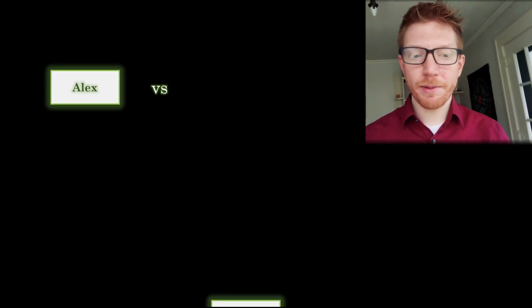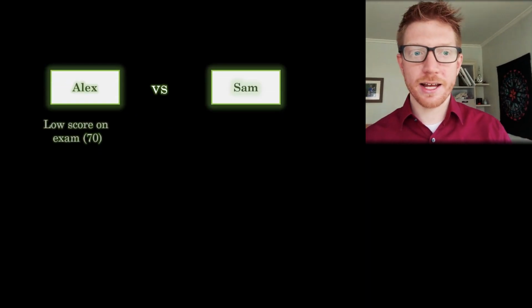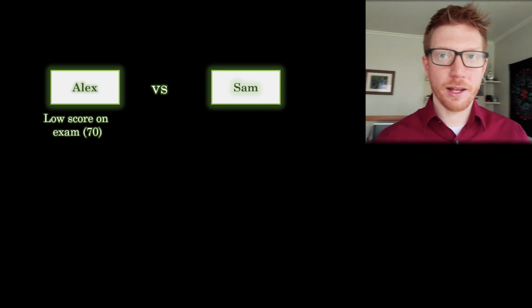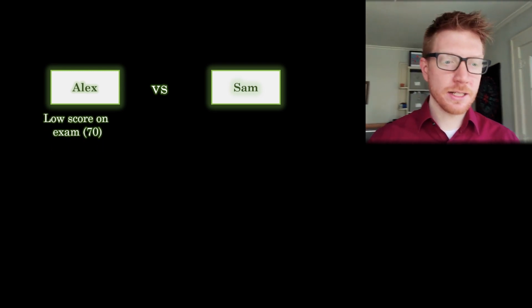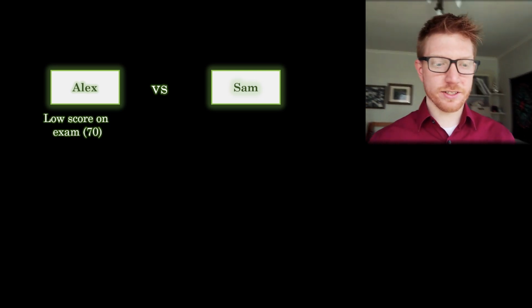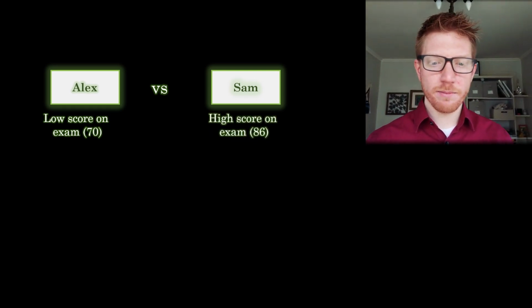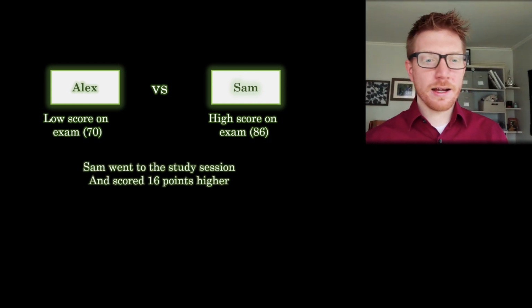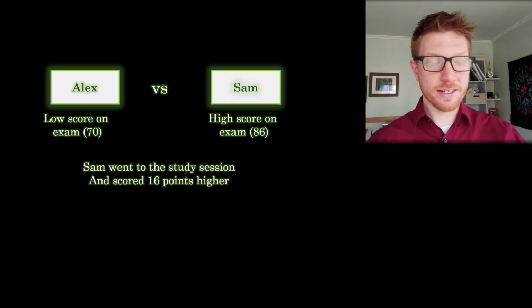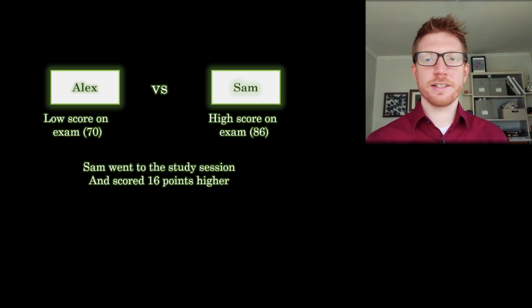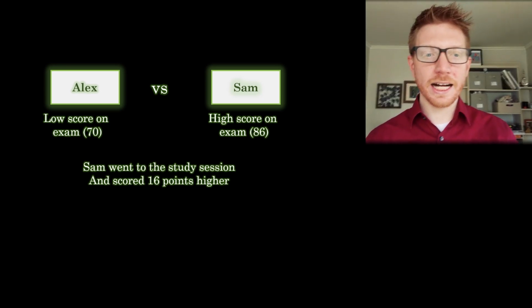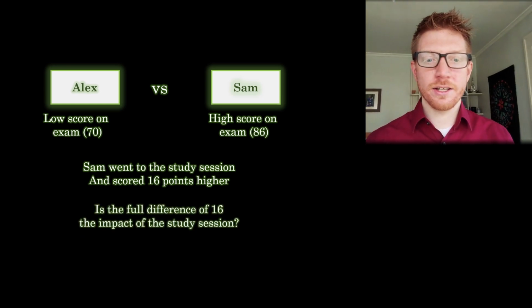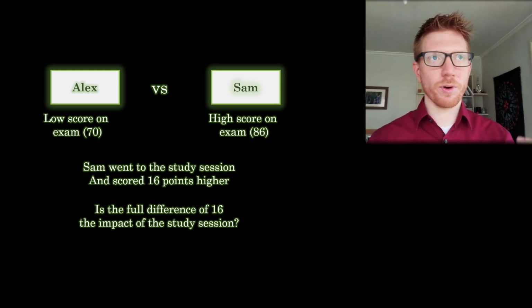If we think about Alex versus Sam, and we have the exam, we could say maybe Alex gets a lower score, about a 70, and Sam gets a high score, an 86. Sam went to the study session. Alex did not. Sam scored 16 points higher than Alex. Is this difference what we're after?